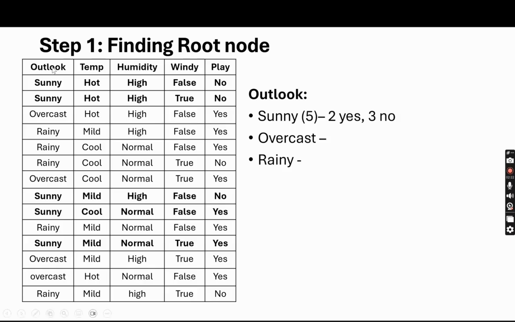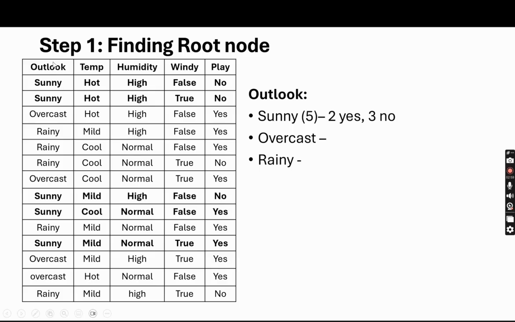First, let us start with the first attribute, outlook. There are three values present in outlook: sunny, overcast, and rainy. There are 5 sunny, and out of these 5, there are 2 yes and 3 no. Likewise, you have to calculate for overcast and rainy.